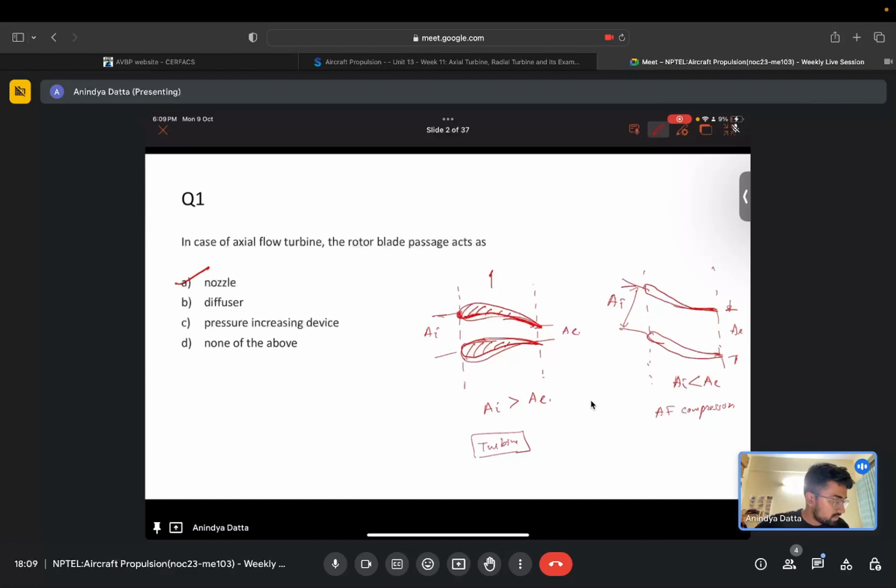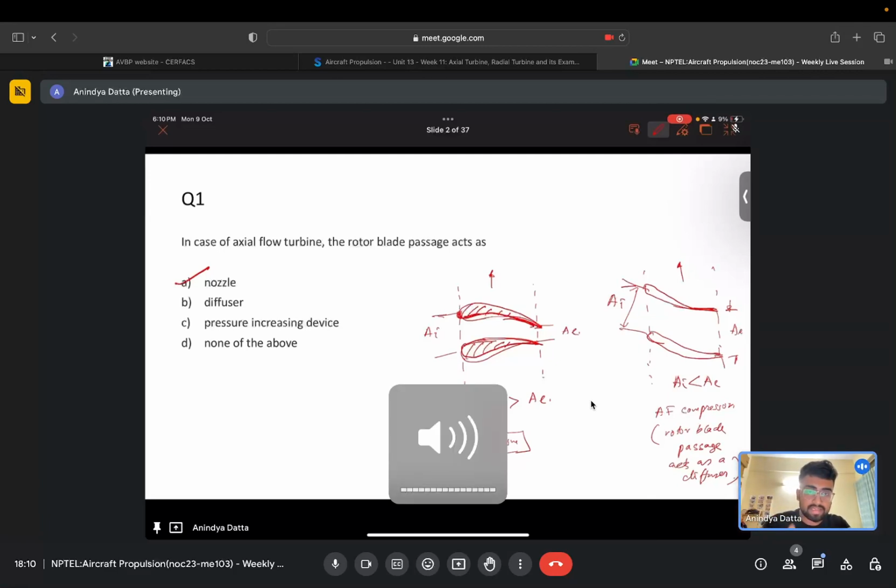Okay, so in the compressor, these are again the rotor blades. In this case the rotor blade passage acts as a diffuser. This is how the rotor blade passages look like for axial flow turbines and axial flow compressors.